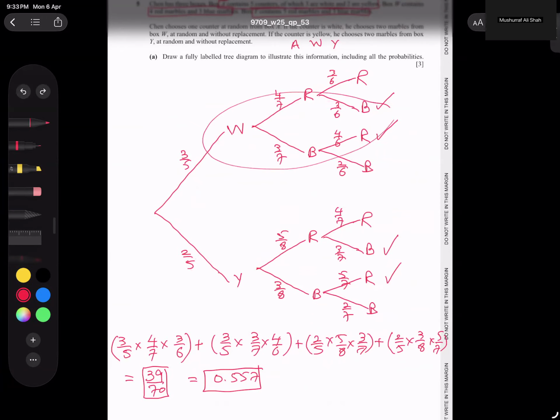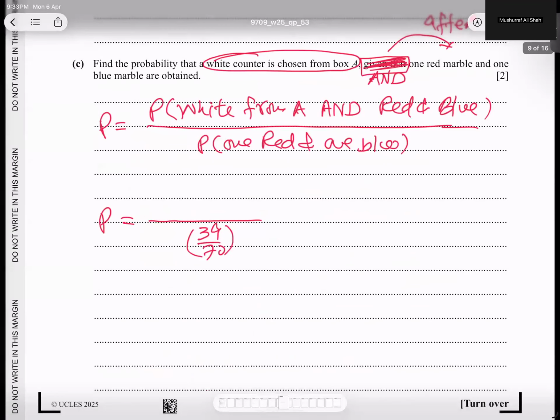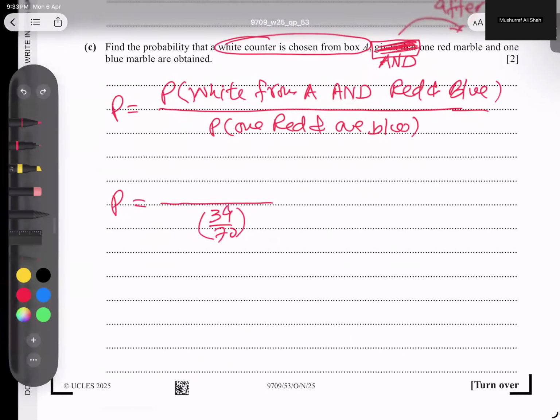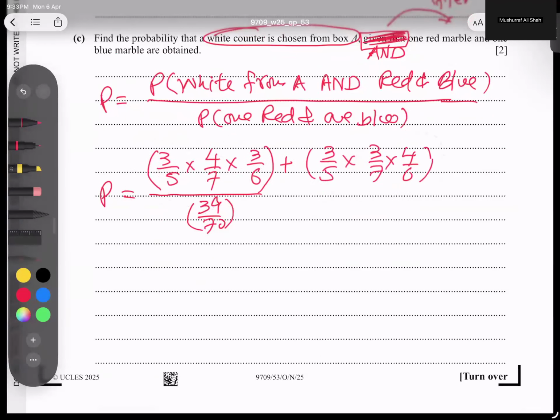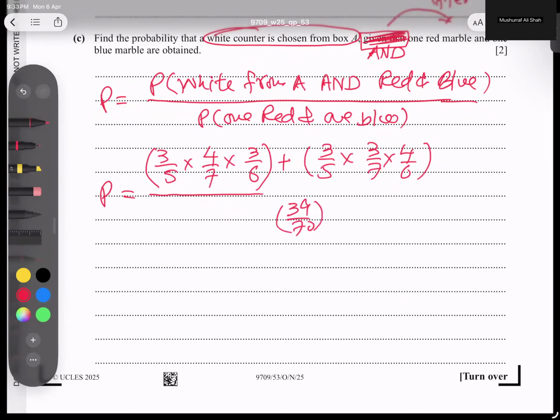So these 2 branches I'm writing in the numerator. I'm going to copy these 2 values from here to save time, and paste here. This is the total probability.